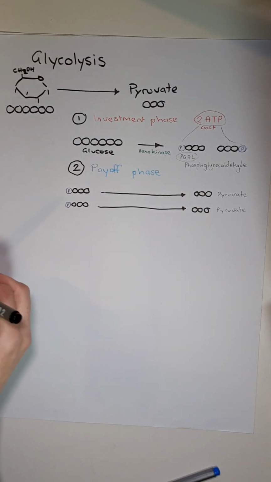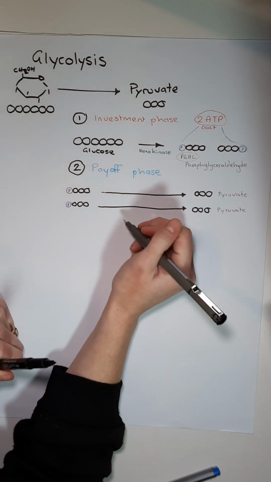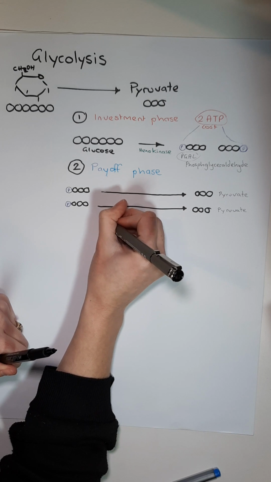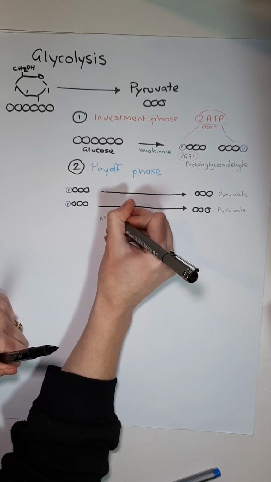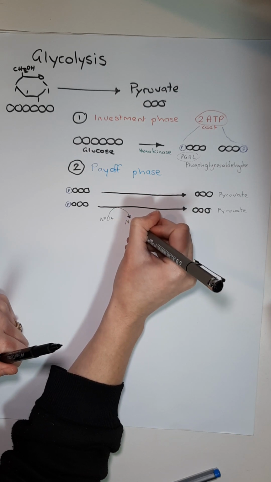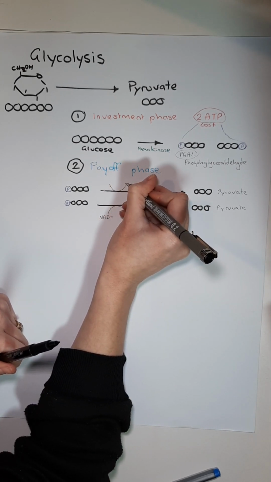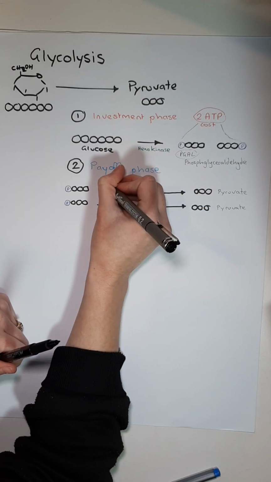Okay, so in the process we're going to lose these 2 phosphorus, and we're going to gain a couple of other things. So we're going to have some NAD+, which has been hanging around, which is going to turn into NADH. Very handy, because we need that for the electron transport chain.